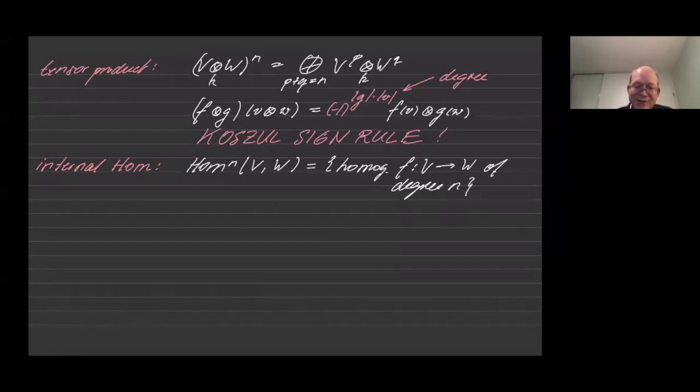And this is indeed an internal Hom for the monoidal category given by this tensor product, but we don't actually need this. And then we define C of K, the category of complexes.